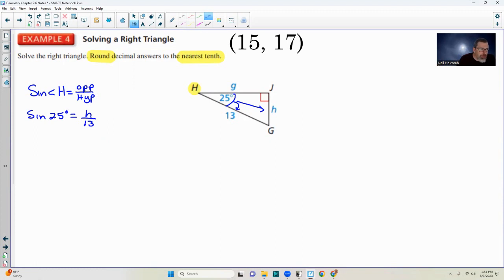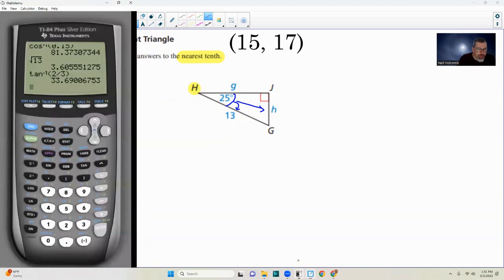Okay, so there it is. We wrote a formula for sine, substitute the givens, and now we simplify and solve. Well, to get H by itself, I need to multiply by 13. So I'm going to multiply both sides by 13, and these cancel. And that's going to leave me with side H equals 13 times the sine of 25 degrees. Okay, so now I'm going to get an approximation.